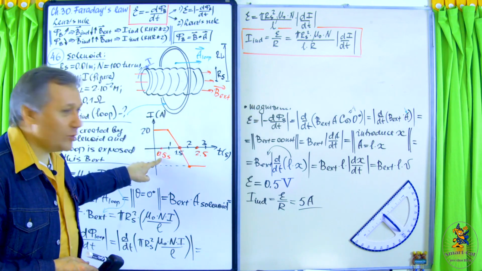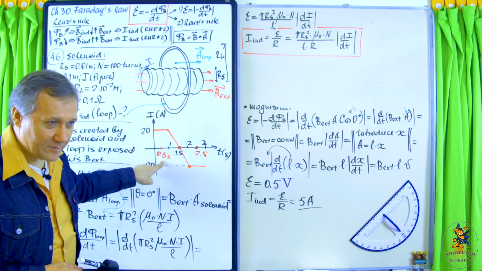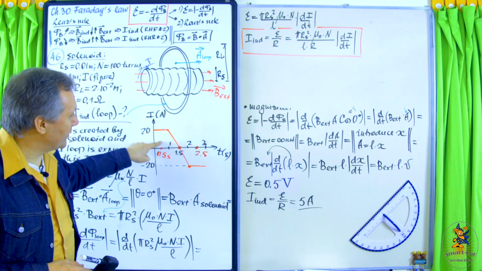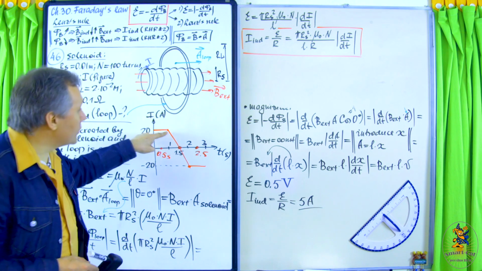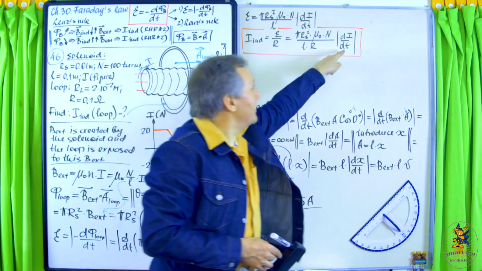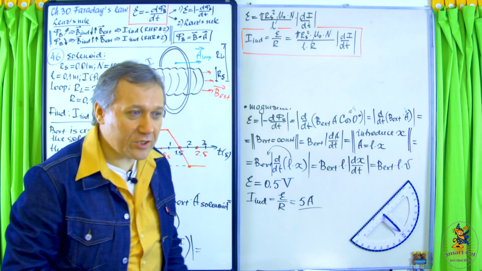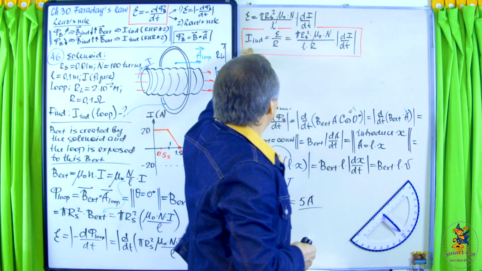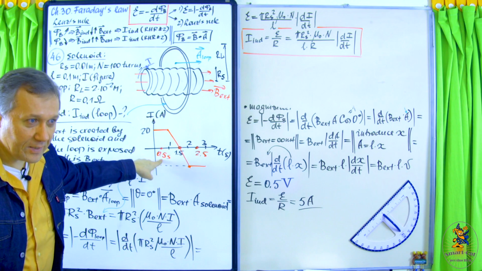Can you tell me what will be the value of the induced current at 0.5 seconds? What happens to the current at that point? It's constant. Of course, the value of the current is 20 amps, but it doesn't change in time, and that's what we have here. Current doesn't change in time. So di over dt is 0, and the induced current at 0.5 seconds will be 0.